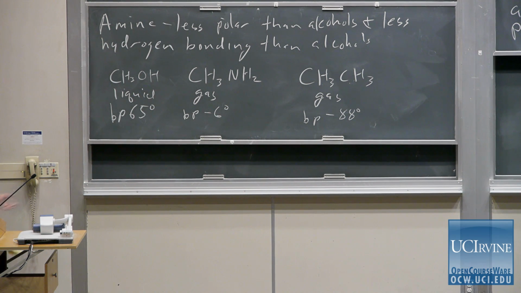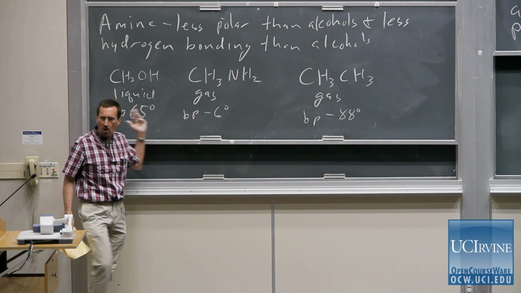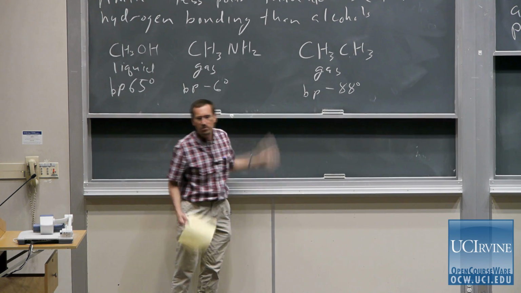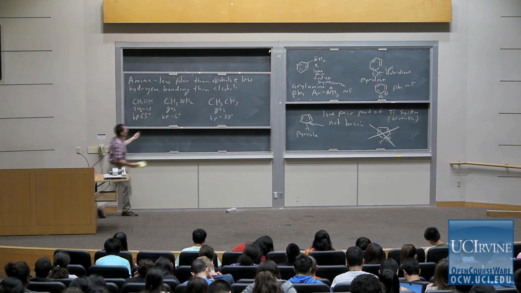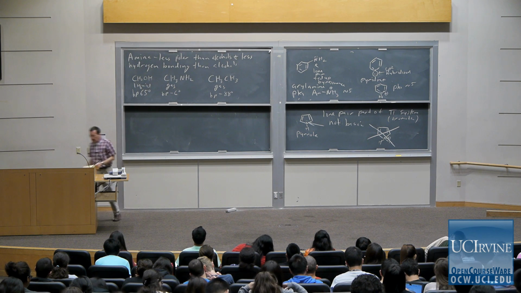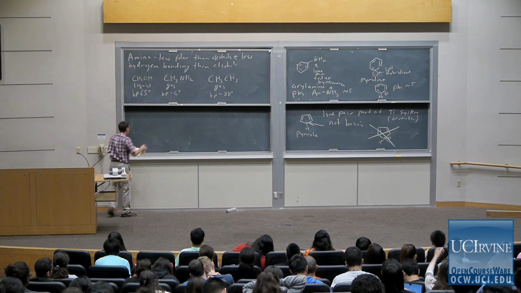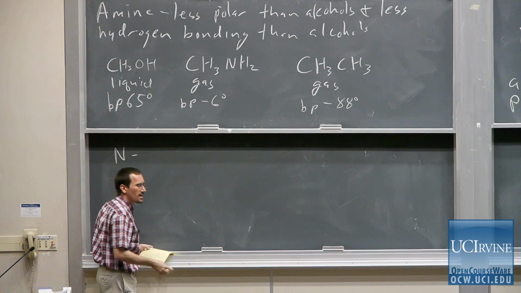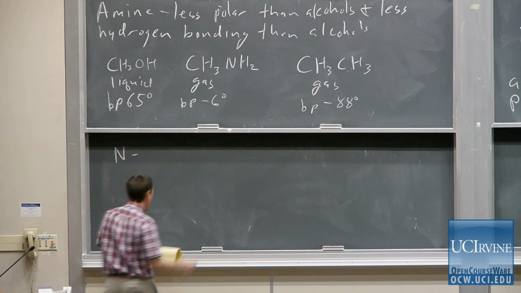So you look at this and you'd say, well, methylamine is like halfway between methanol and ethane in terms of its interactions. It doesn't hydrogen bond as much. It doesn't participate in as many dipole-dipole interactions or as strong dipole-dipole interactions. And not surprisingly, that tracks with electronegativity, because electronegativity is basically a statement of the property of elements. Nitrogen is less electronegative than oxygen.